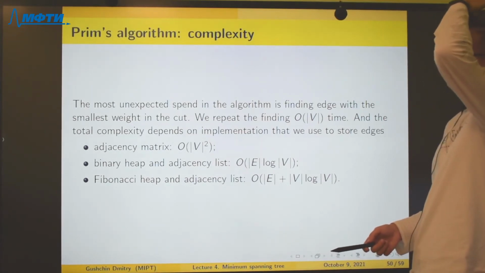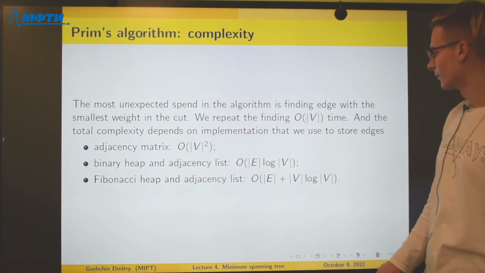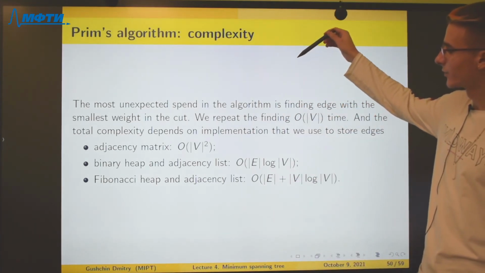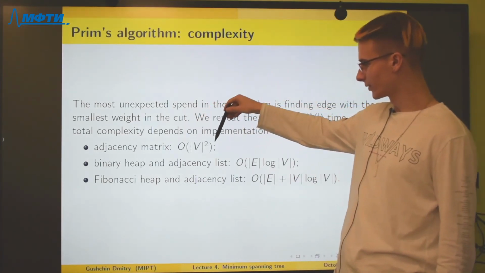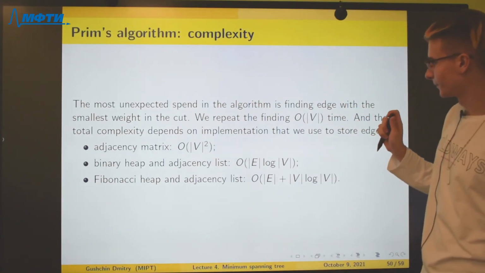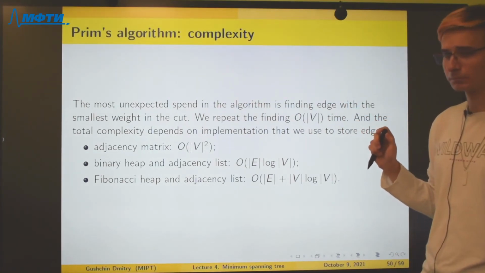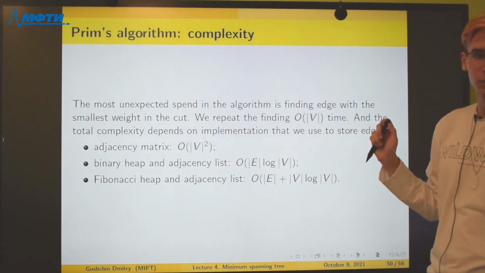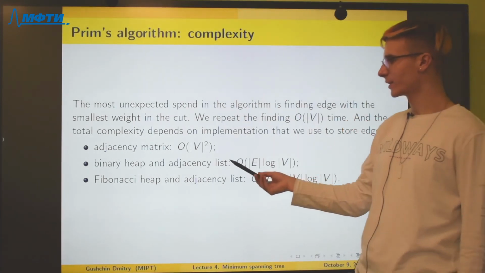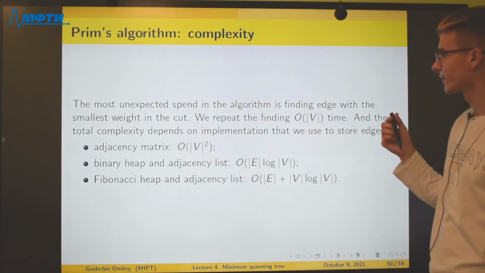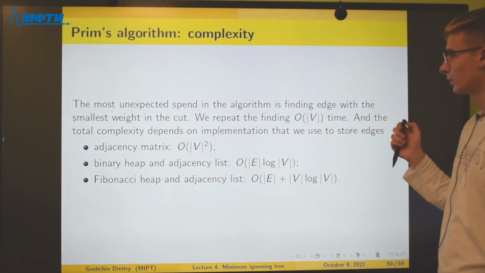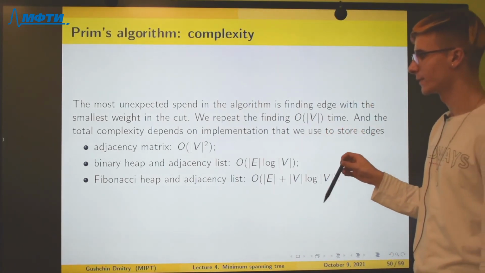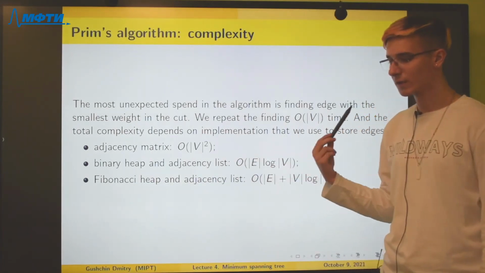So you see that in the worst case, the asymptotic time is equal to O of the number of vertices squared. Do you understand why it is? Why is it equal to O of the number of vertices squared? For the adjacency matrix.